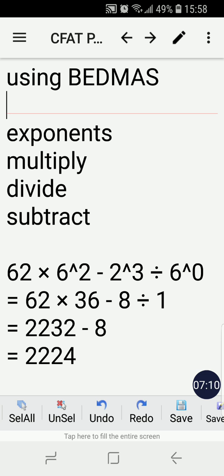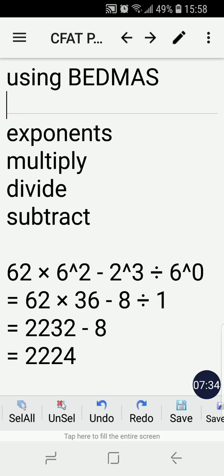So we copy 62 times, so 6 to the power of 2 is 36, and then 2 to the power of 3 is 8, 6 to the power of 0 is 1. I did all the exponents all at once in one single step.